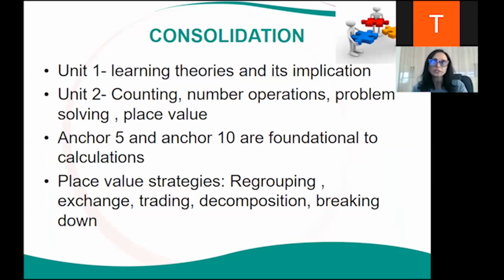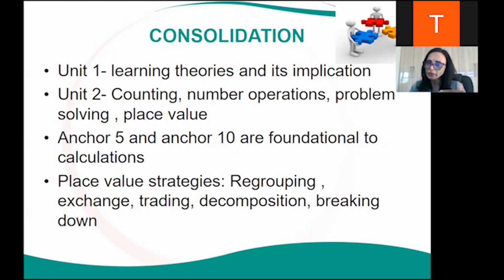Let's try to consolidate what we have done in presentation 1. Can you recall that we've done unit 1, which was on learning theories and its implications? Unit 2, counting, the types of counting, verbal counting, object counting, number operations, problem solving and place value. And then we spoke about anchor 5 and anchor 10 and how it is foundational to calculations.